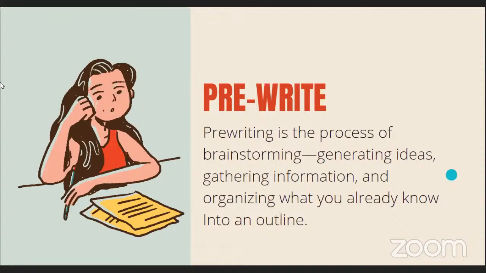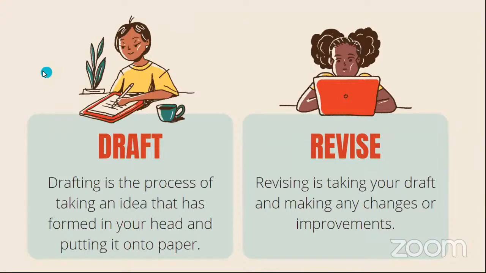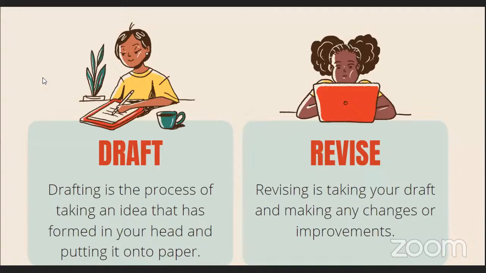Next, after the pre-writing stage, after you've written your outline and you've chosen the information you want and that you don't want, from there, you write a draft. Drafting is the process of taking an idea that's already formed in your head and putting it on paper. It could be a Word document, not only paper.